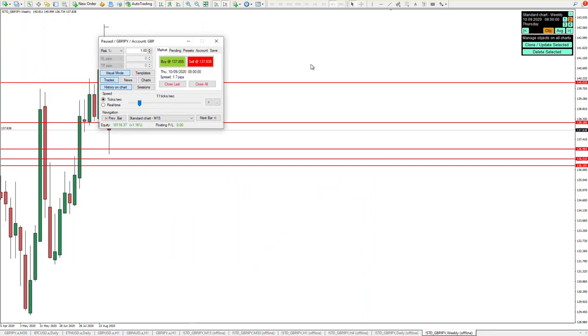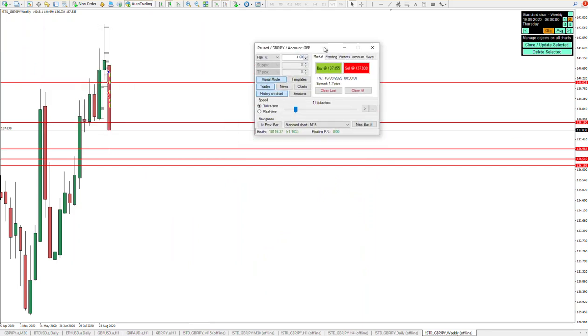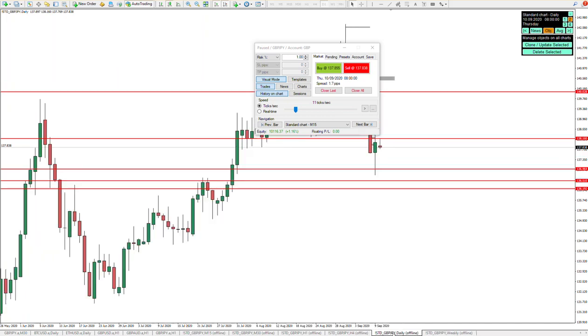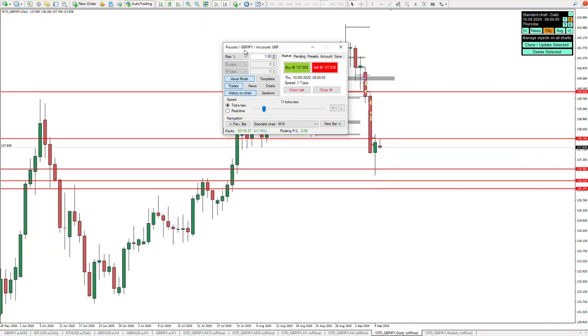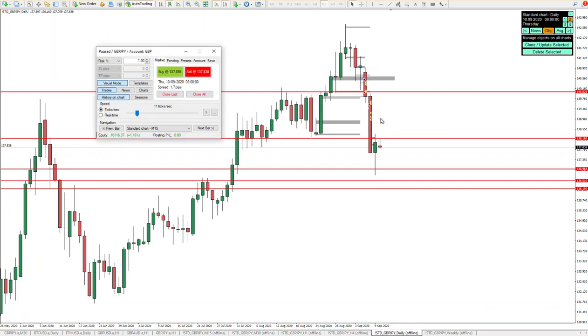So here we go, Thursday. The week is really bearish. We will simulate Thursday. The daily, yes, it's already 2 days ago, was strong bearish and broke support.